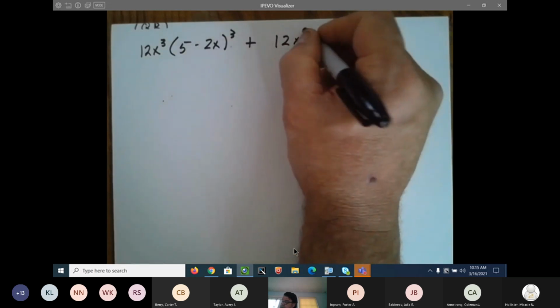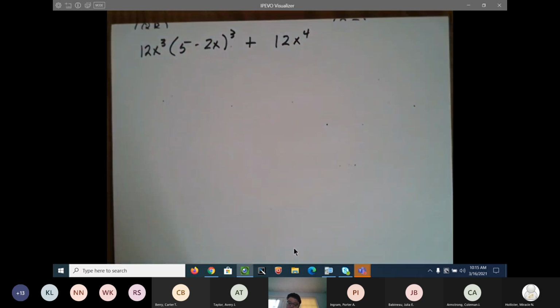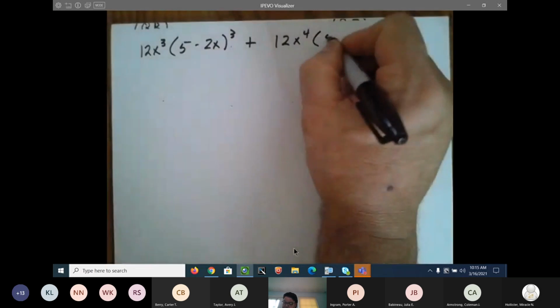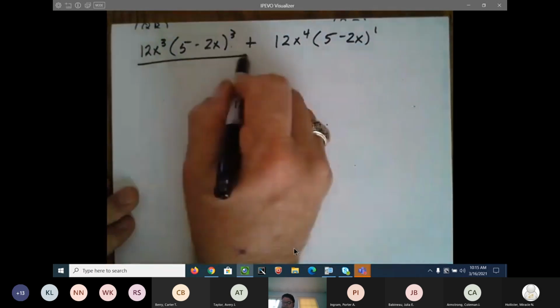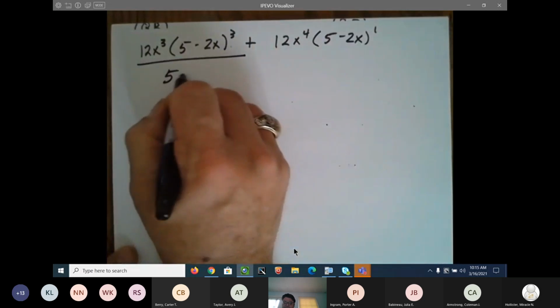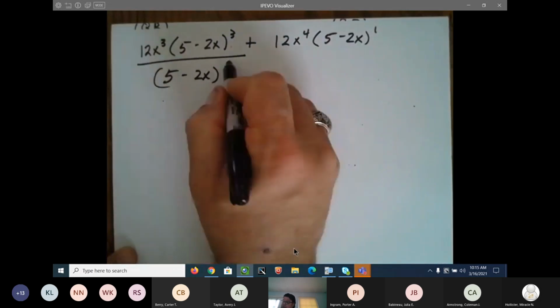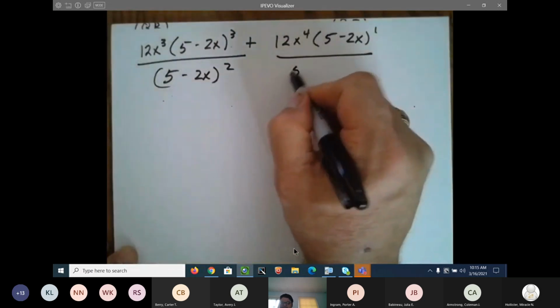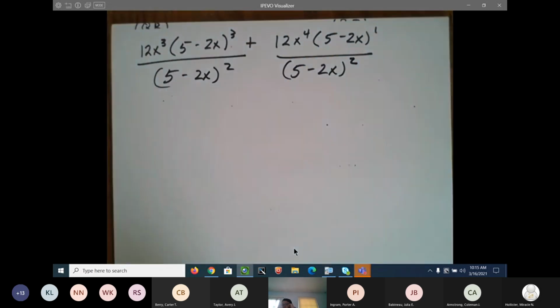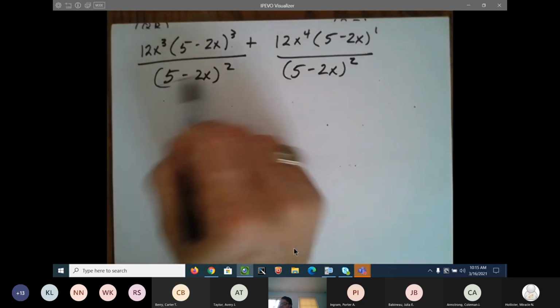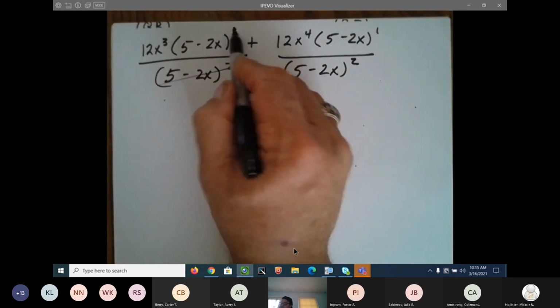12x to the fourth times 5 minus 2x to the first over, well, that's a common denominator, 5 minus 2x squared and 5 minus 2x squared. And this cancels and makes that a 1.